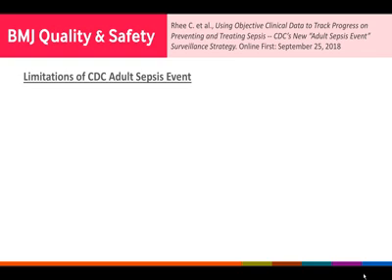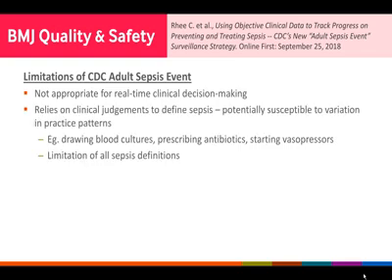Now, there are some limitations to the CDC Adult Sepsis Event. As we mentioned, it is not appropriate for real-time clinical decision-making. It relies on clinical judgments to define sepsis, so it is potentially susceptible to variations in practice. These clinical judgments include drawing blood cultures, prescribing antibiotics, and prescribing vasopressors. However, this is a limitation of all sepsis definitions.